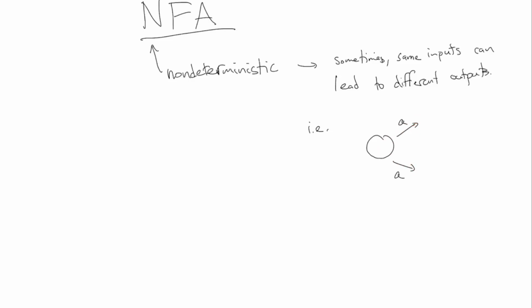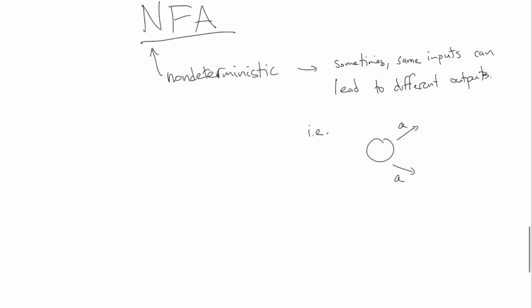Or you could imagine it's some kind of quantum multiverse where it does them both at the same time and you get two separate outcomes. But the same inputs can lead to different outputs. I think I meant to say outcomes. I mean, it can either accept or reject differently based on the same inputs. This is called non-deterministic. Of course, the F and the A are for, as before, finite automaton.